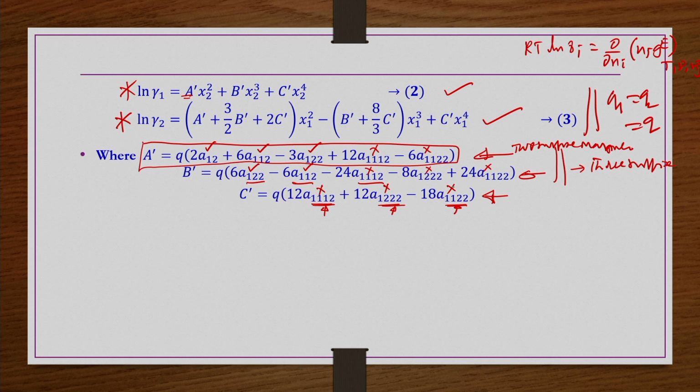Those cross terms I am showing would be there only if you are expanding the whole series up to the fourth power of mole fractions; otherwise only these terms would be there. So, that will become the 3 suffix Margules equation.